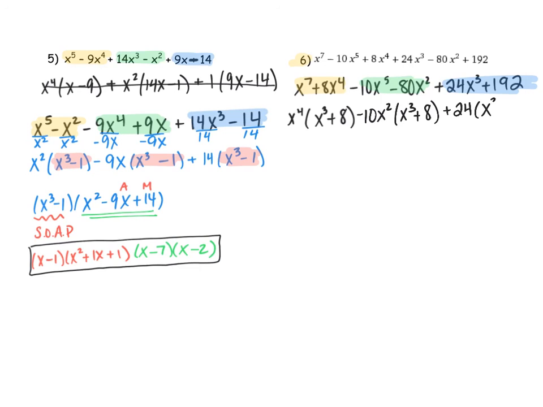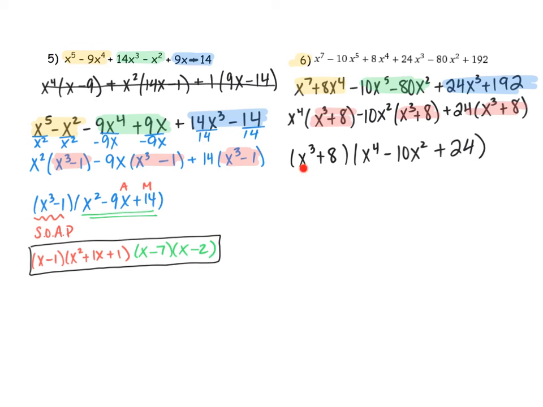And I'm left with x to the third plus 8. This x to the third plus 8 is my GCF for all three of these terms. So you should have gotten x to the third plus 8, then times x to the fourth minus 10x squared plus 24.